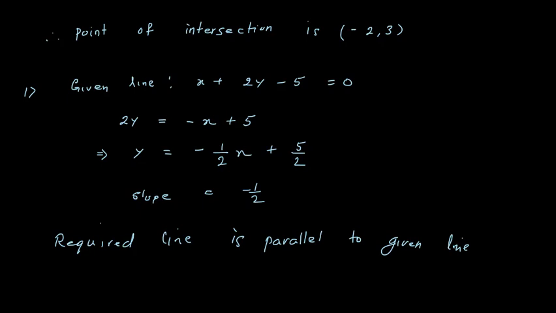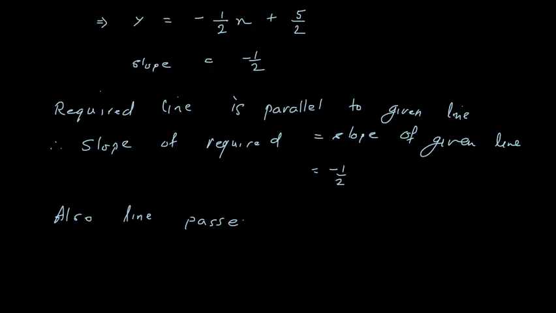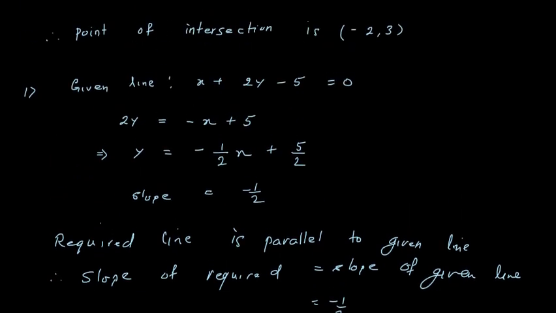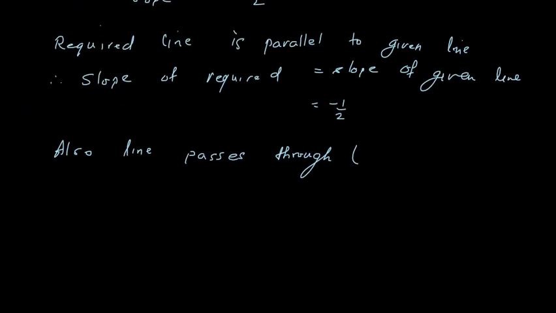Therefore the slope of the required line will be the same as the slope of the given line, equal to minus 1 by 2. Also, we know that the line passes through the point of intersection, that is minus 2 comma 3.